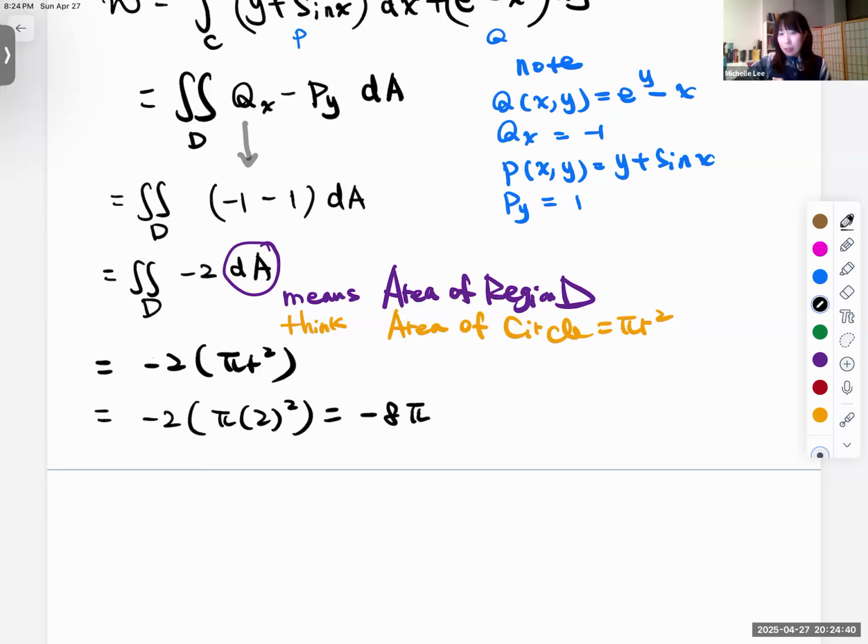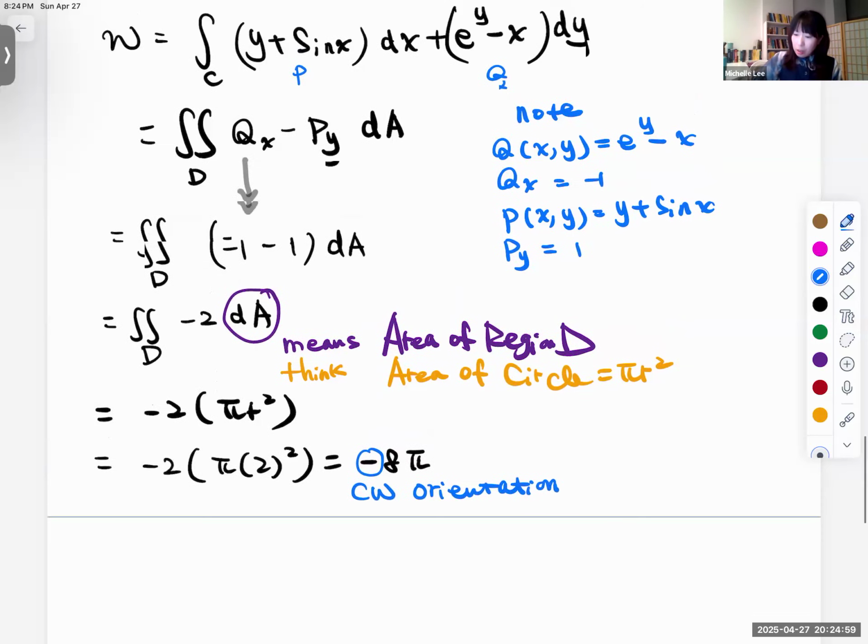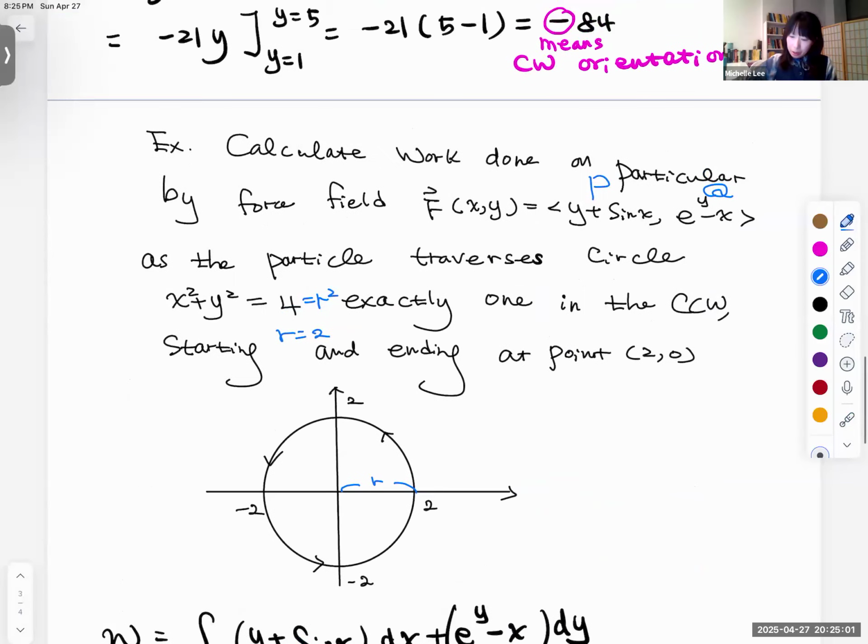So what does this mean? Negative. Yeah, we had a clockwise orientation, right? But let's take a look here.